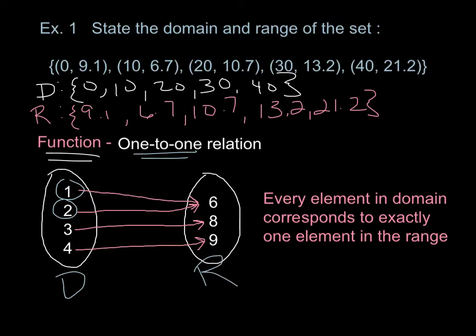I don't have two arrows coming out of the same value in my domain. Okay? That tells me that I have a function. Everything in the domain matches to one thing in the range. And it's okay if different domain values have the same range value. Okay? I just can't have more than one arrow coming out of a domain value.